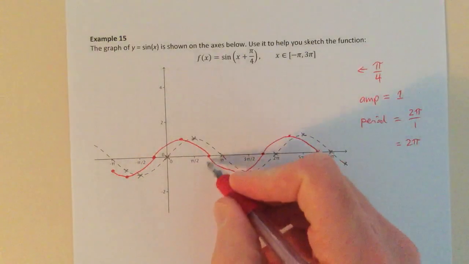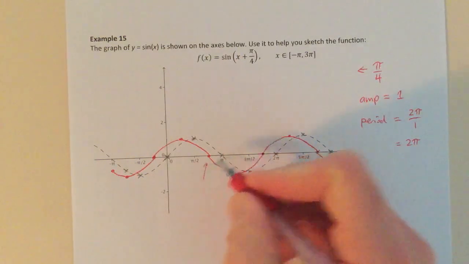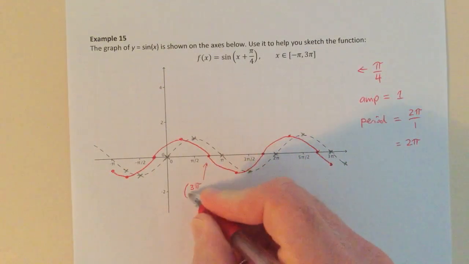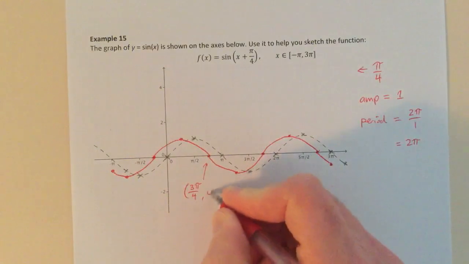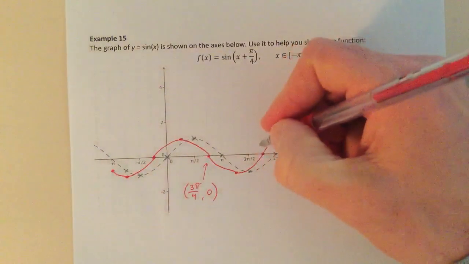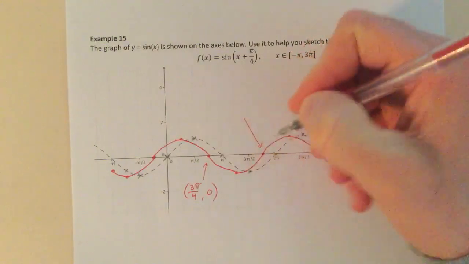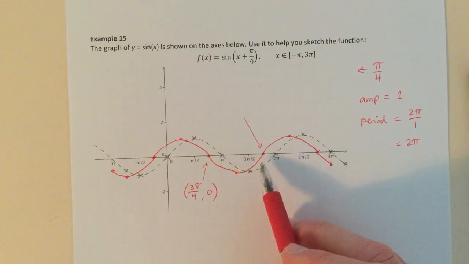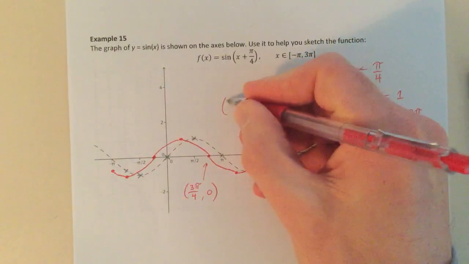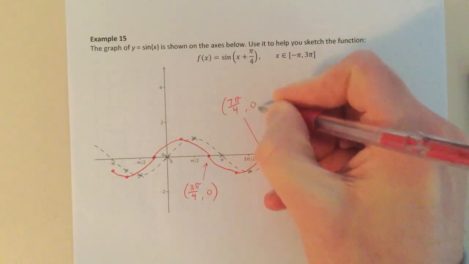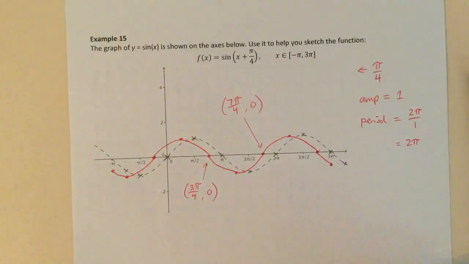This is going to get a little bit messy, but I'm just going to do some arrows here. So that point would be 3 pi on 4, 0. This point here is 2 pi, take away pi on 4. So that's going to be 7 pi on 4, 0.